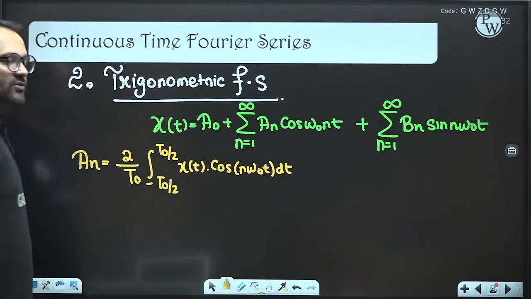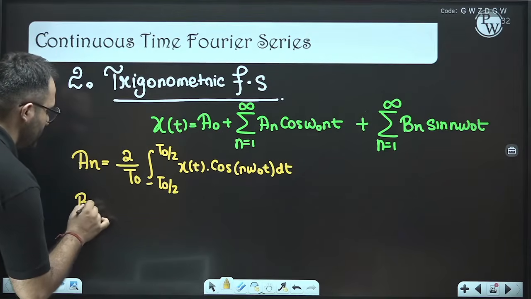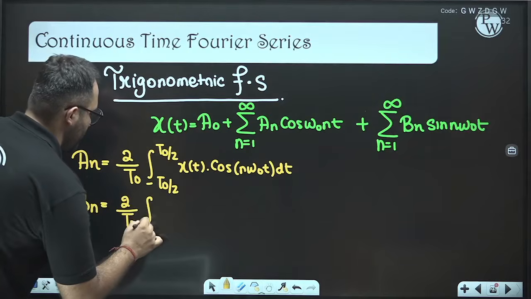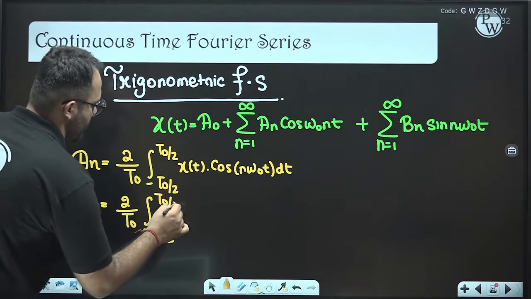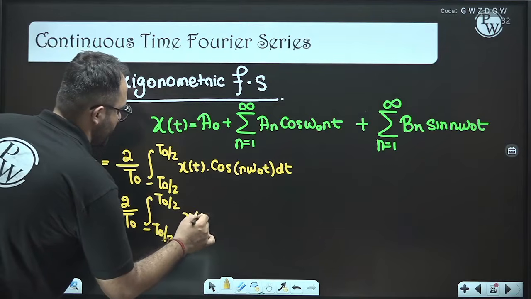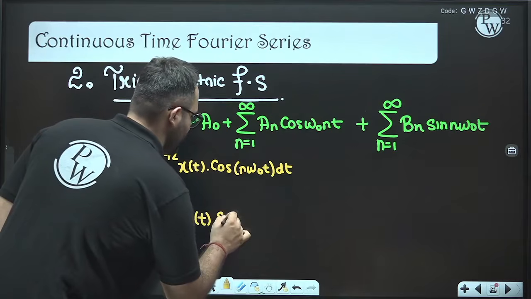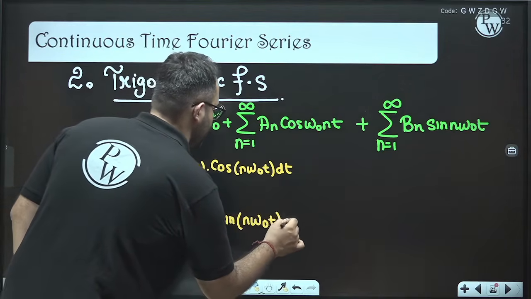This is the formula to find out an. And what is the formula for bn? x(t) multiplied by sine n omega naught t dt.